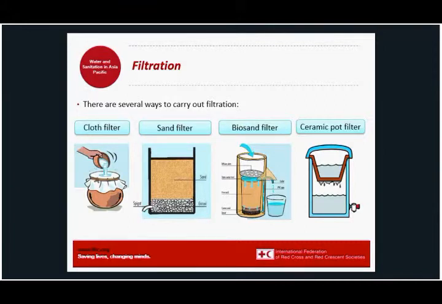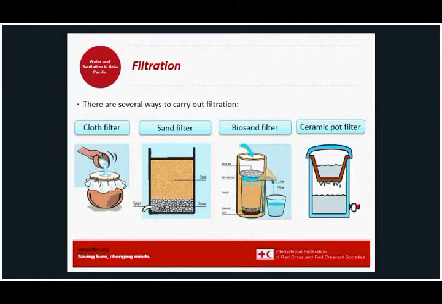This simple method was used by village women, in this case in Matlab, Bangladesh, to filter pond and river water. This field study found that using sari cloth as a filter was not only accepted and sustained by the villagers, but it also reduced cholera.